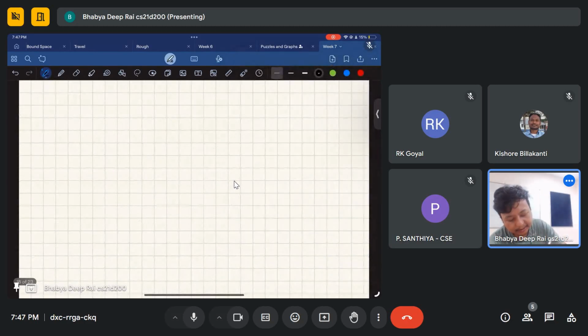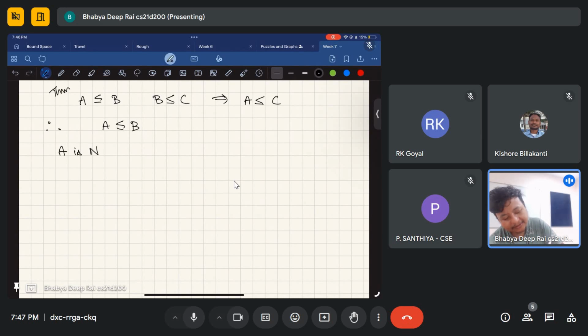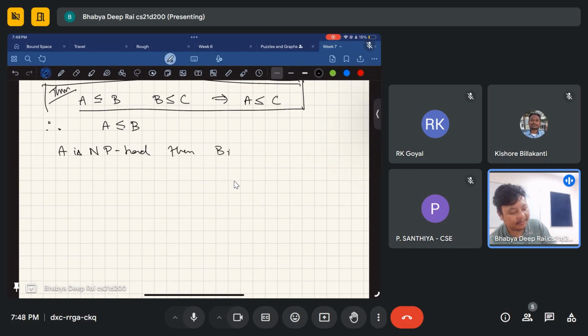Since A reduces to B and B reduces to C implies A reduces to C, let me call this a theorem: if A reduces to B and A is NP hard, then B is NP hard. Now if B is also in NP, then B is NP complete.